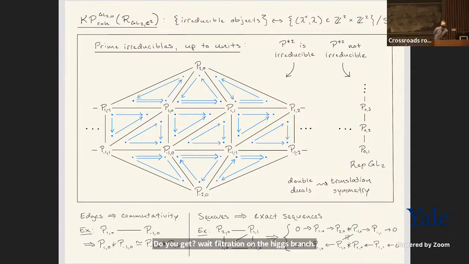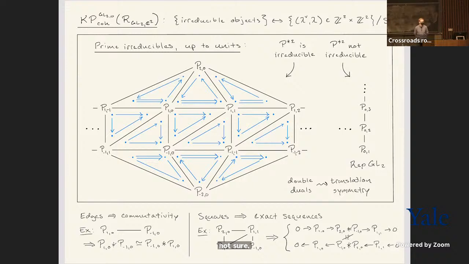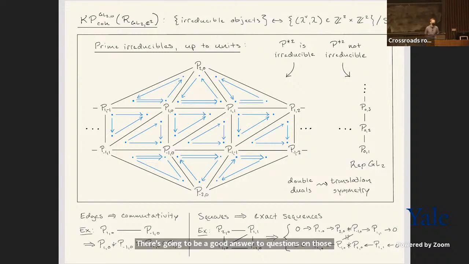A weight filtration on the Higgs side? Yeah. No, and this goes back to my perhaps disappointing answer to the previous question. Because we're specifically talking about the 4D Coulomb branch, that obscures the connection to symplectic duality. So I'm not sure there's going to be a good answer to questions along those lines, though again, other people might correct me.